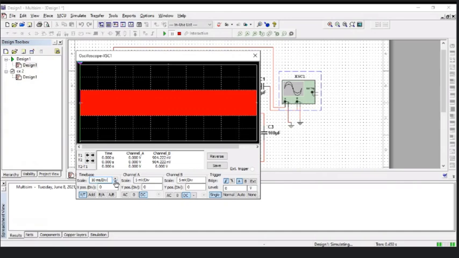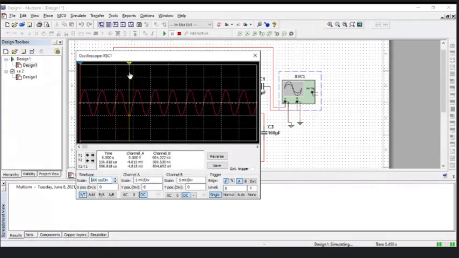Set cursor 2 on the positive peak and cursor 1 on the negative peak. That's it. But how much are you getting here? Only 9.854. I think this is okay.